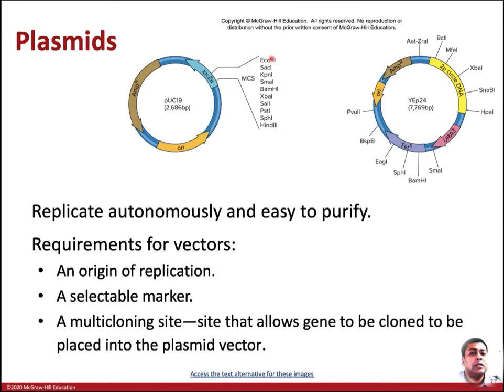Problem with just using one, they can go in a different orientation. But suppose you digest your samples with EcoRI and say BamHI, EcoRI and BamHI. You are digesting the vector with EcoRI and BamHI as well. So the vector will have a sticky end of EcoRI at one end, sticky end of BamHI at the other end.